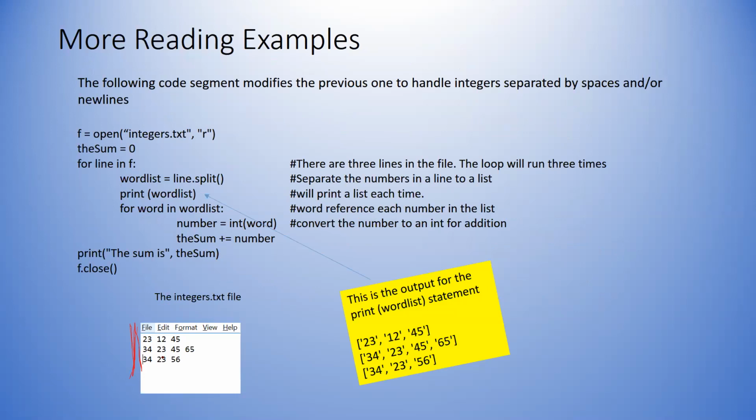This one, each line has multiple numbers, so you need to split it. And then go through that list using another for loop. So this for loop will go through each number, okay? And this for loop will go through each line. So for each line, this loop will go through each individual number. Okay, that's this code. Any questions, everybody?